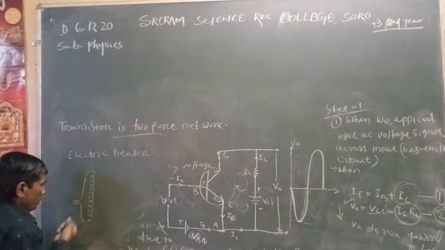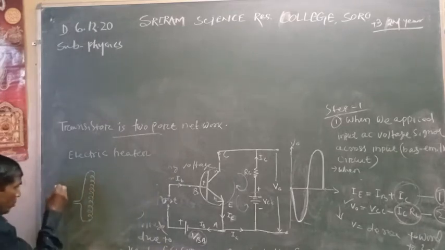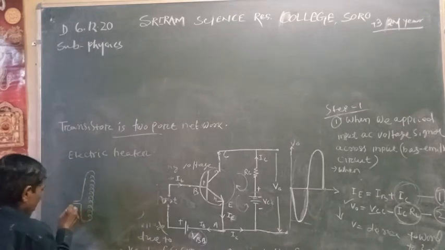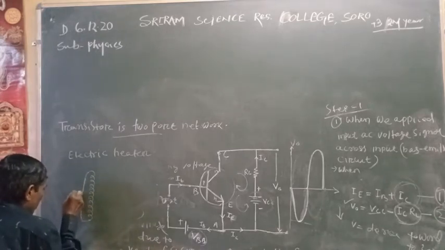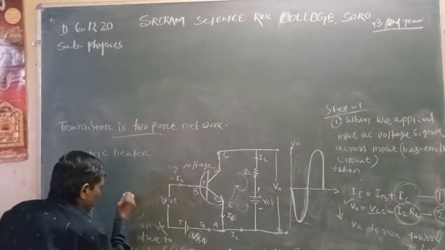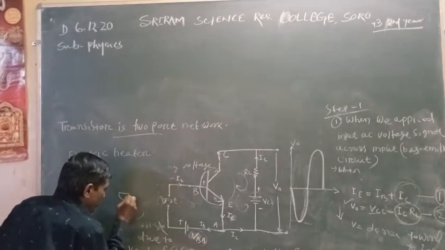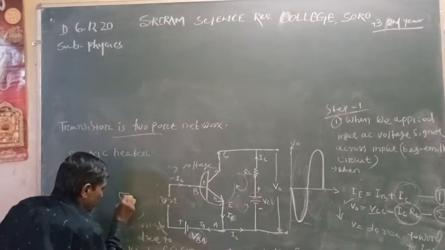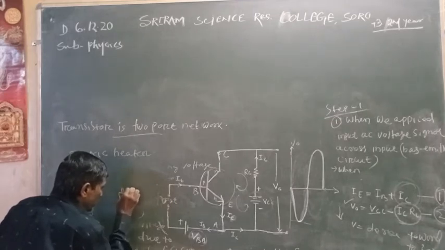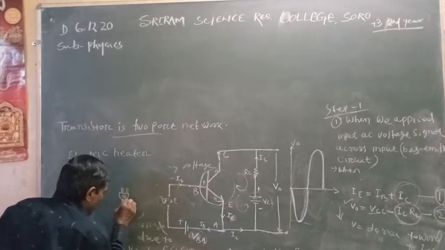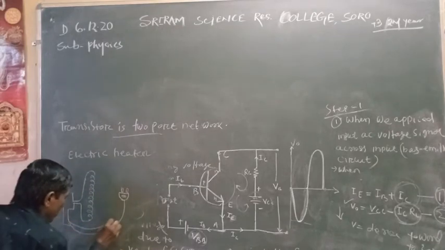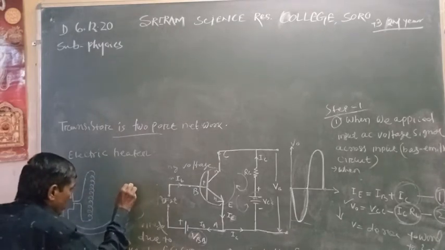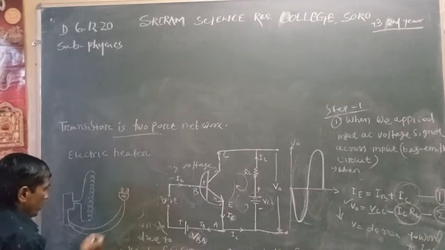Now this is the coil. When we connect any wire to this point, we also have a connector. Now this is the pin.